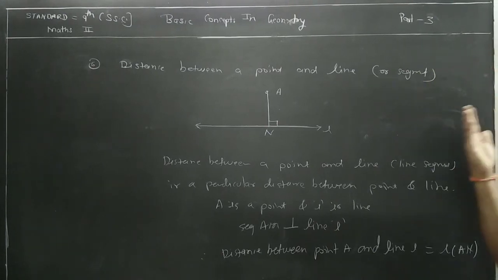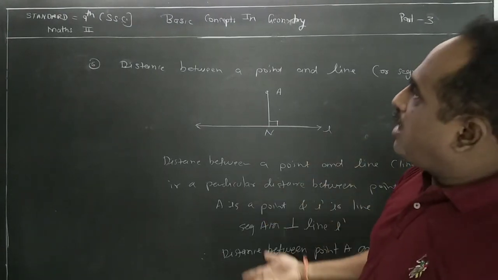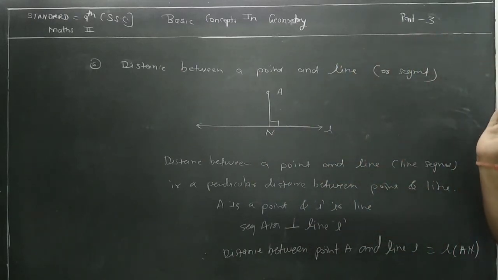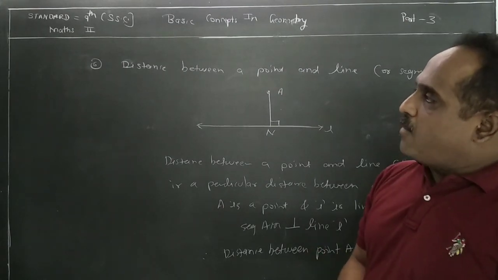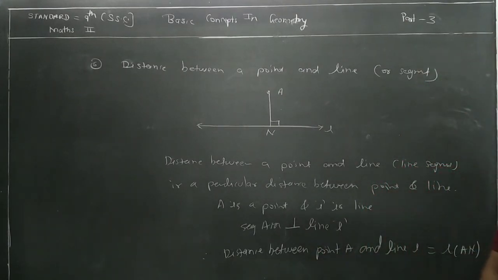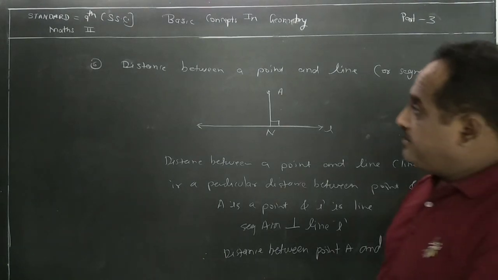Okay, so today we stop with part 3, and in the next lecture, we are going to continue with practice set 1.2. We have completed some concepts today. We came to know the meaning of line segment.